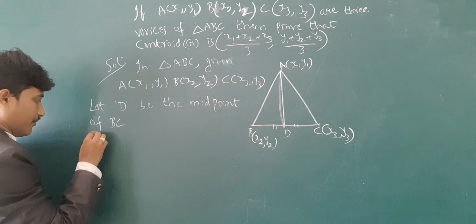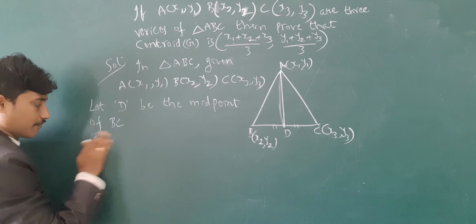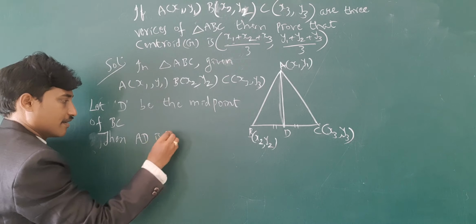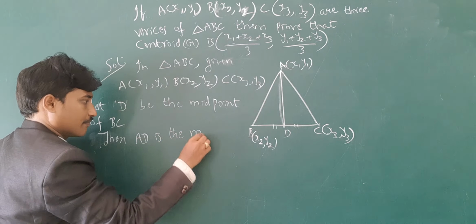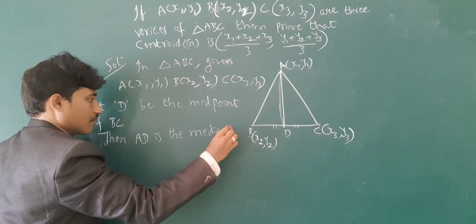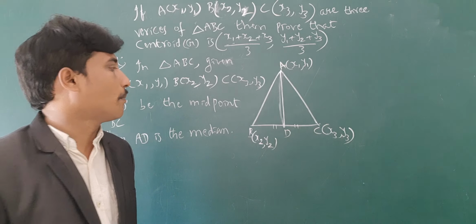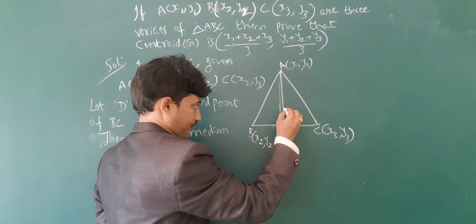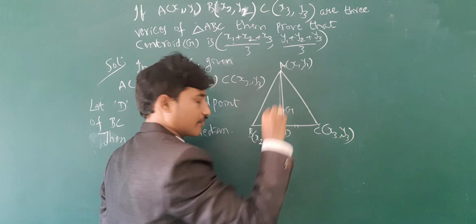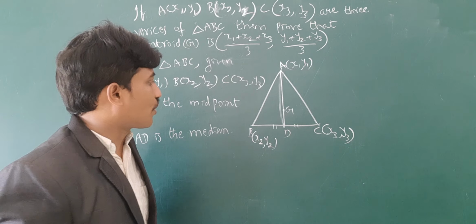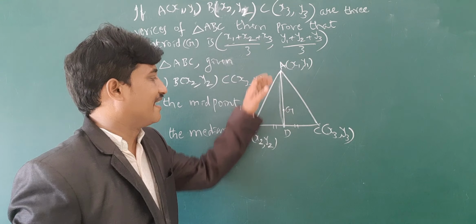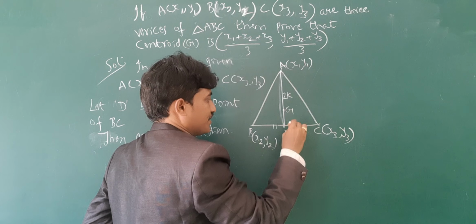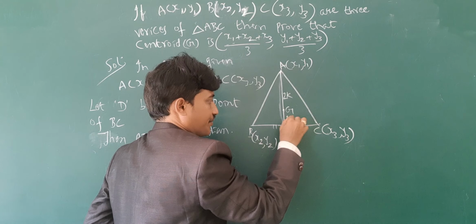We know centroid Z lies on AD and the centroid divides AD in the ratio 2:1. If AZ is 2k units, then ZD is 1k unit.